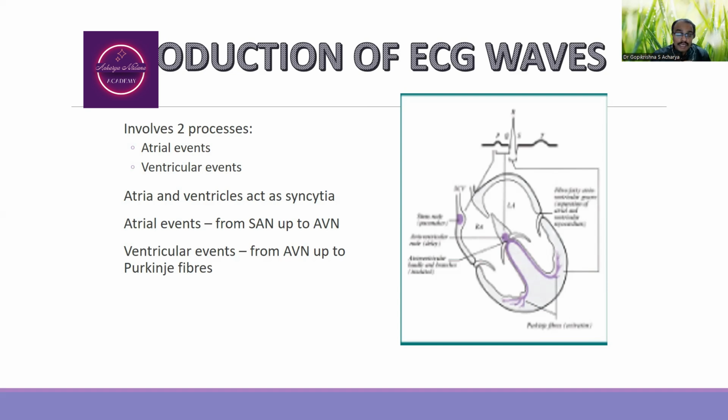Atrial events take place from the electrical potentials generated from the sinoatrial node, moving into the atrioventricular node. Whereas ventricular events are going to get generated from the atrioventricular node till the Purkinje system.